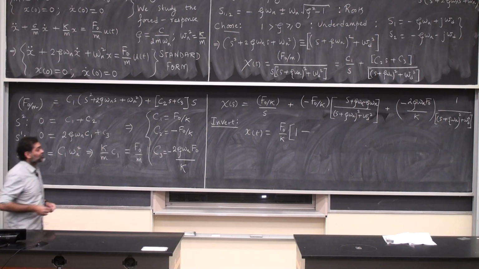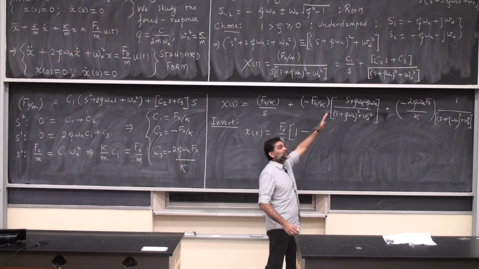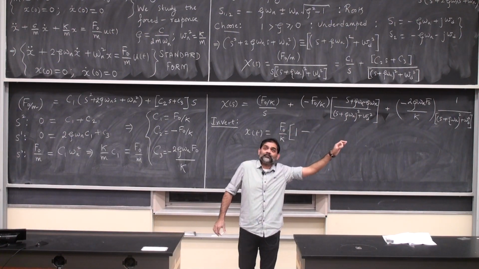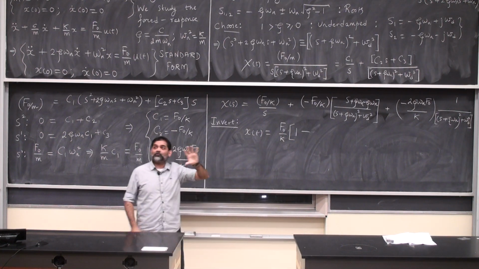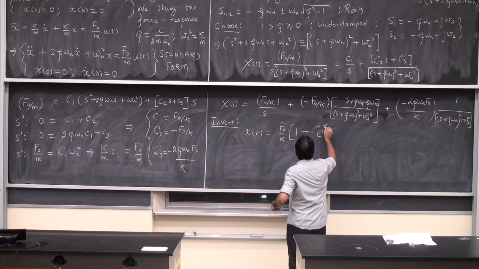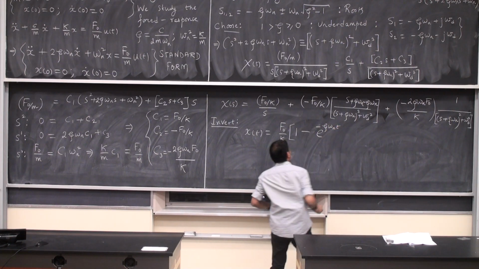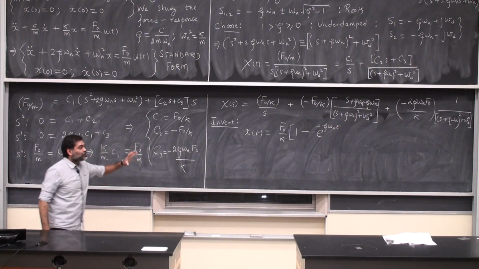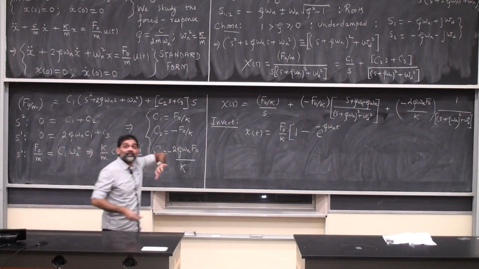Alright, and then I have, because this is a frequency shifted term, right? This zeta omega n is a frequency shift, I'm going to have an exponential term there. Okay? So e to the power minus zeta omega n t. Inverse of the middle term is going to give me cosine omega d t.